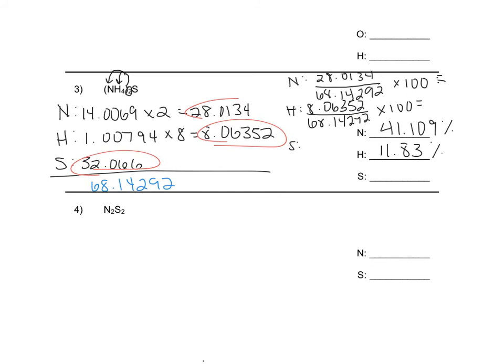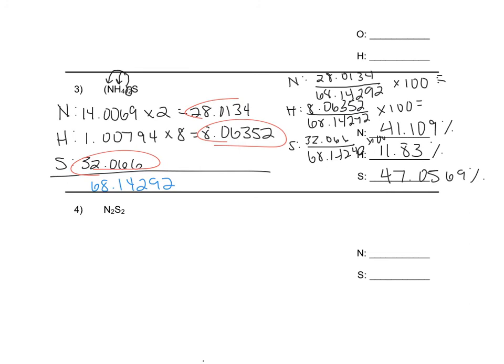And finally, for sulfur, we have 32.066 divided by 68.14292. Sorry, it kind of is getting cut off, but you get the idea of what you should be setting this up like. Each setup looks almost exactly the same. You have the same number on the bottom. The number on the top is just how much you have of each substance, and that's going to be 47.0569%.